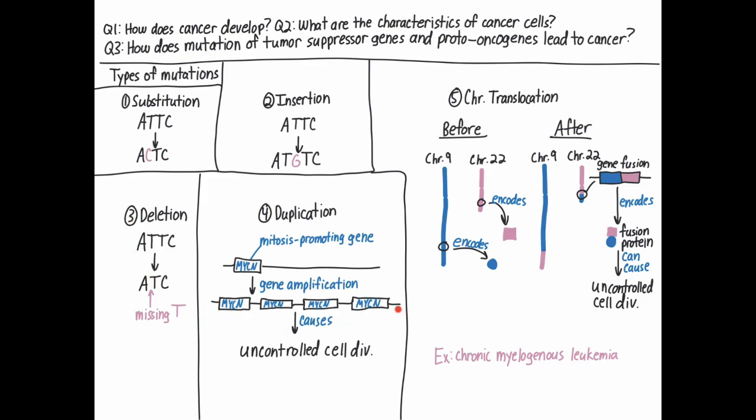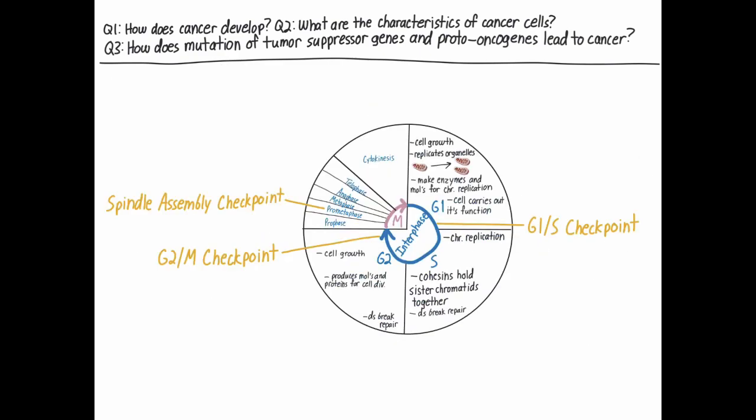Any of these mutations have the potential, if they occur in a gene that regulates cell division, to cause cancer. Recall that the cell cycle has several checkpoints. If a mutation causes one of these checkpoints to not work, in many cases, the other checkpoints will still prevent inappropriate cell division.